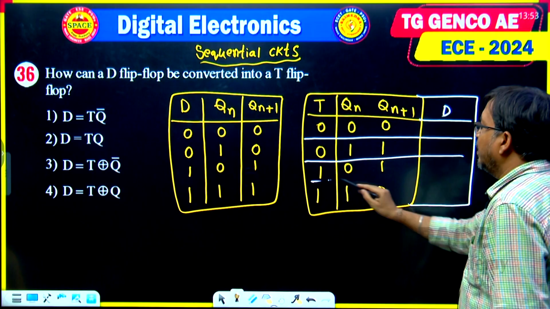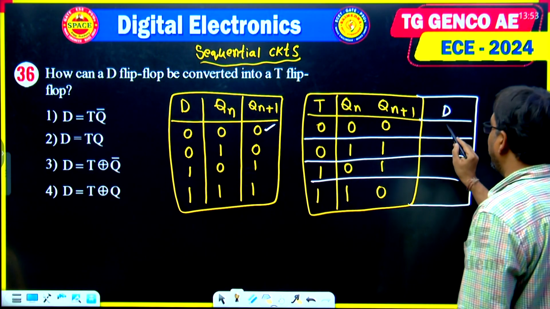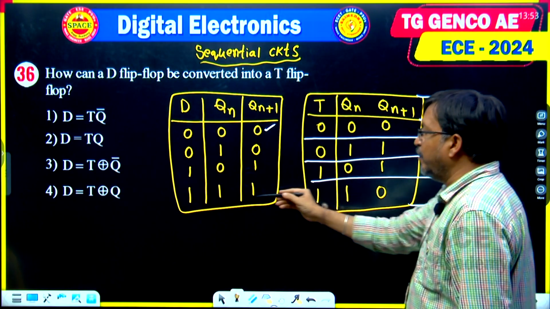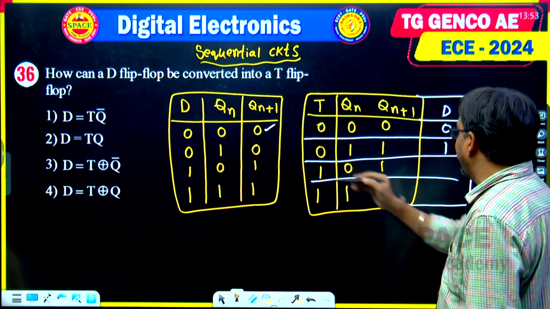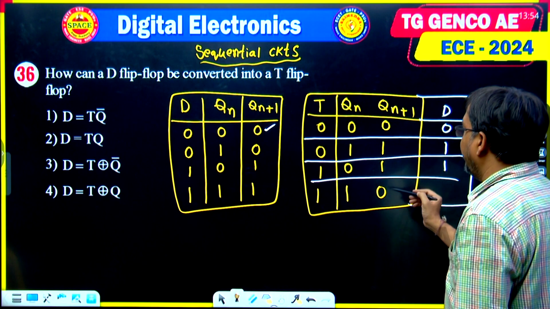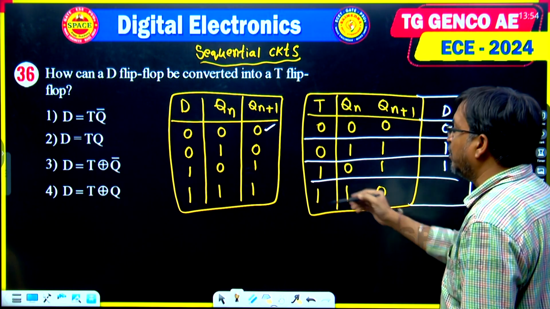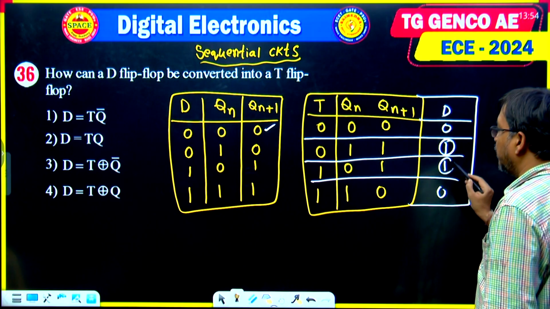Observe here. When Qn+1 is 0 and Qn is 0, yes, D equals 0. When it is 1 1, yes, D equals 1. When it is 0 1, yes, D equals 1. And when it is 1 0, yes, D equals 0. So I consider D equal to 1 in two cases.